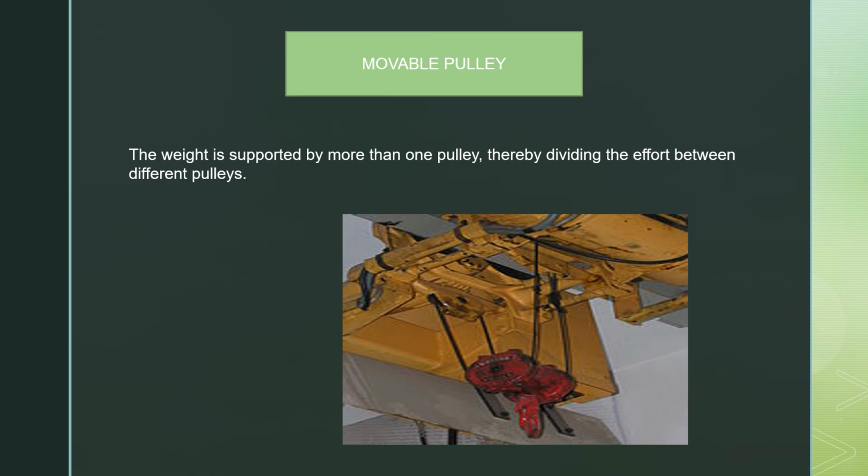Children, movable pulleys consist of more than one pulley and are basically used in factories or production houses where heavy loads are taken from one place to another with the help of pulleys. You can see the example here in the picture. This equipment is used to take heavy loads from one place to another.